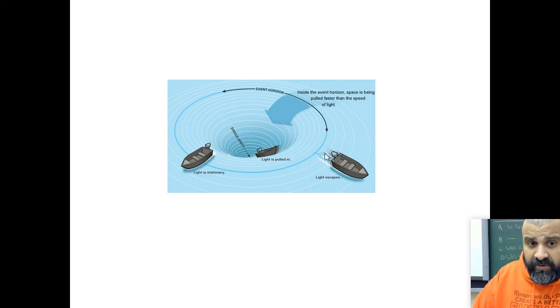And I'm gonna post a video as well into your D2L that will be able to explain this. I need to be in front of you to explain this, but the gentleman on YouTube has it set up really well that he can explain why we see this image, and that will give you some more information. I'm not really going to test you much on a black hole, right?